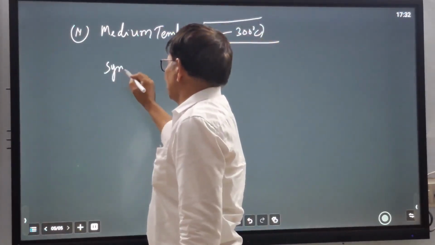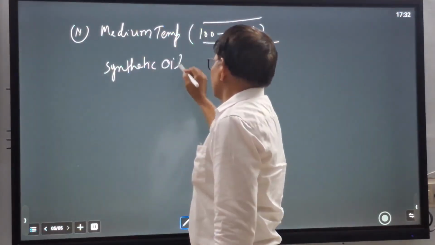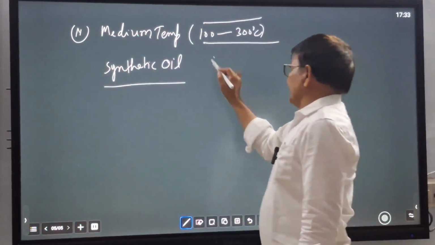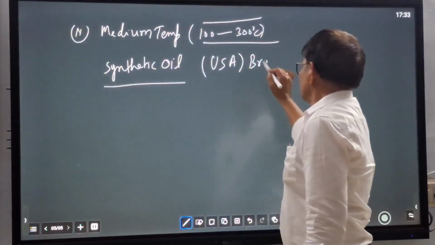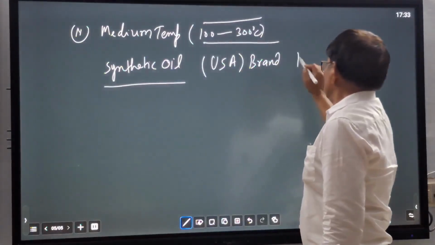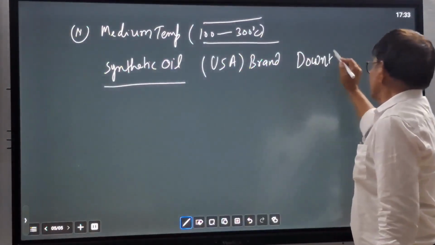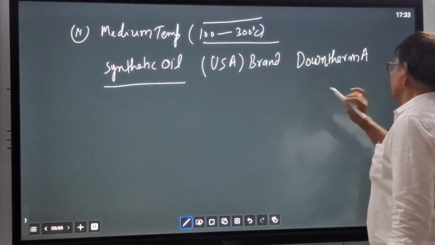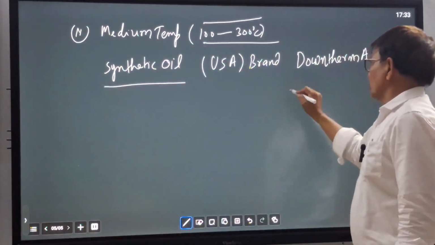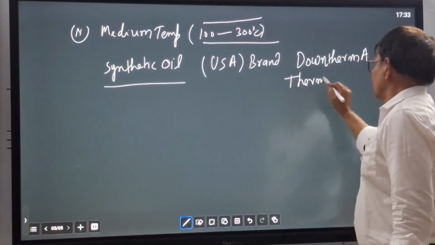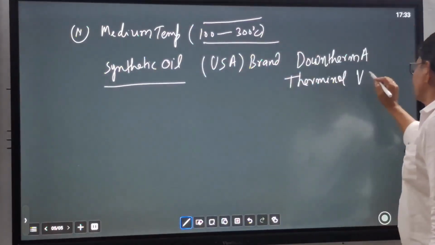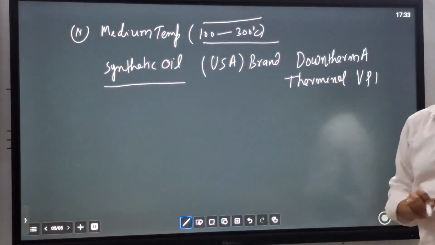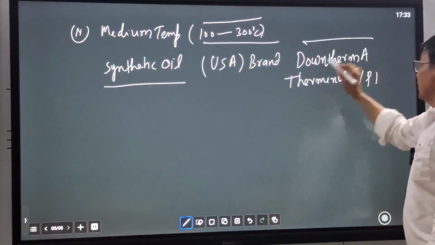These are synthetic oils. The USA brands are Dowtherm A and Therminol, and the second one is Therminol VP1. These are brand names of a synthetic oil.